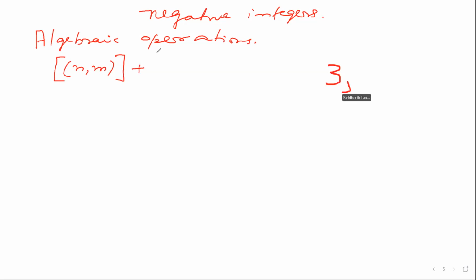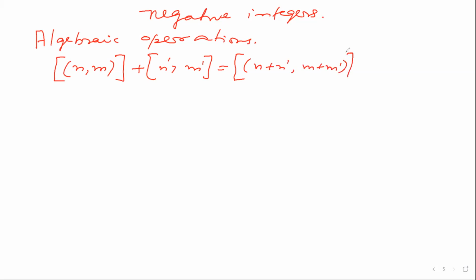Take another integer, which is like n prime, m prime, and their addition is n plus n prime, m plus m prime. Will that work? Let us take 2 plus 3 equals 5.